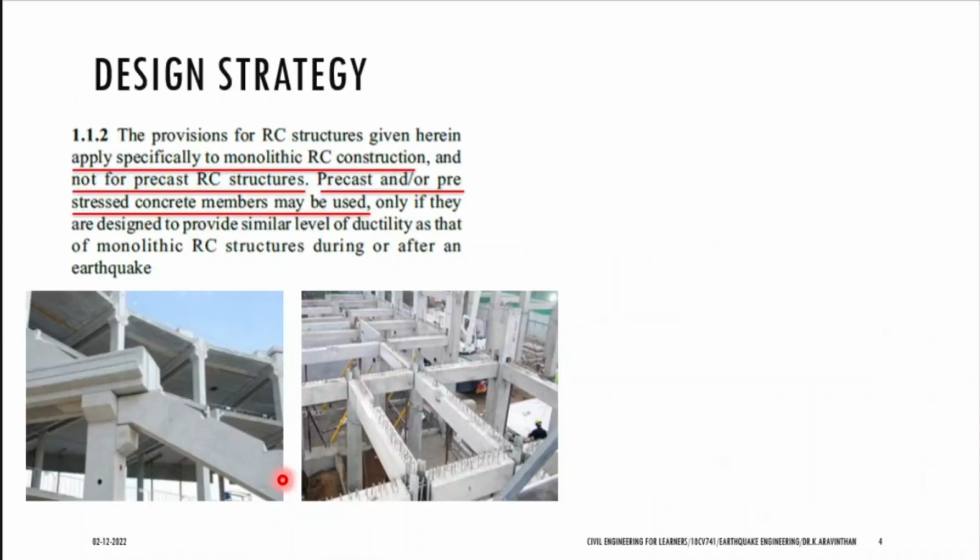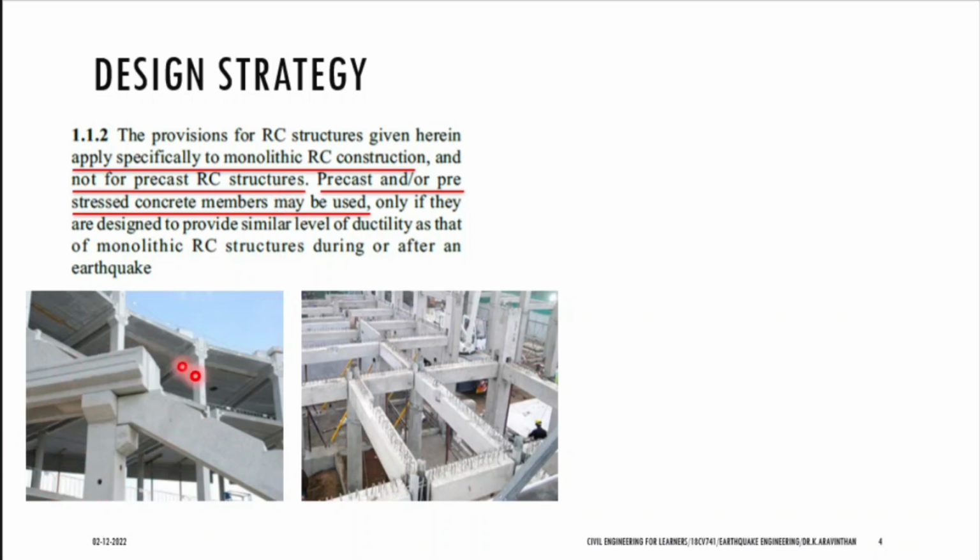Okay. Now, design strategy. You have to follow a strategy in order to make the building ductile. This can be provided only for RC construction, that is reinforced concrete construction. What are the other types of construction available? Precast RC structure. What do you mean by precast?